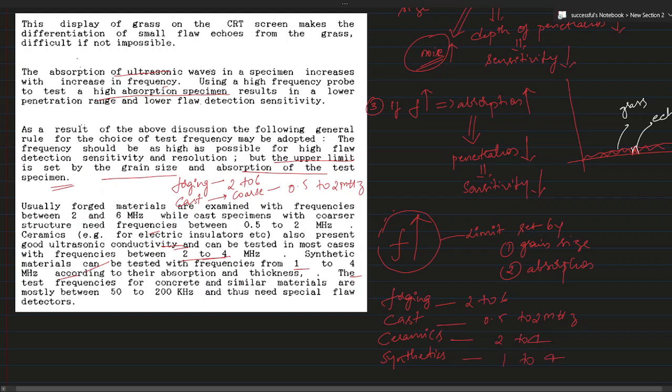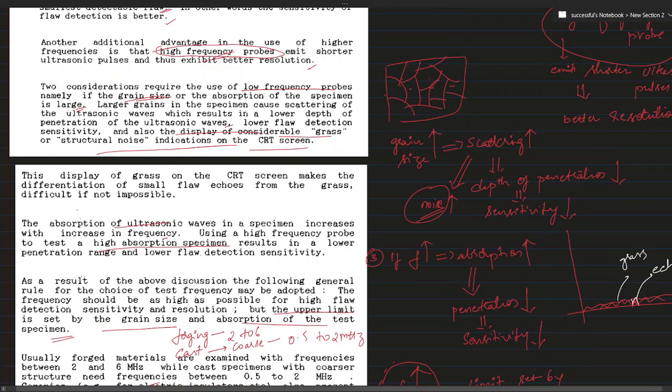Okay, the test frequencies for concrete and similar materials are 50 to 200 kilohertz, right? So they need special flaw detectors. Once we will revise all the topics.